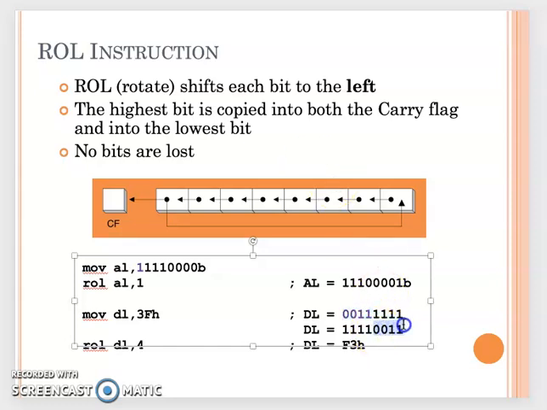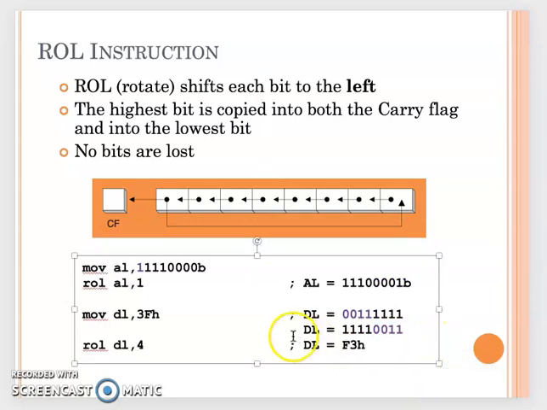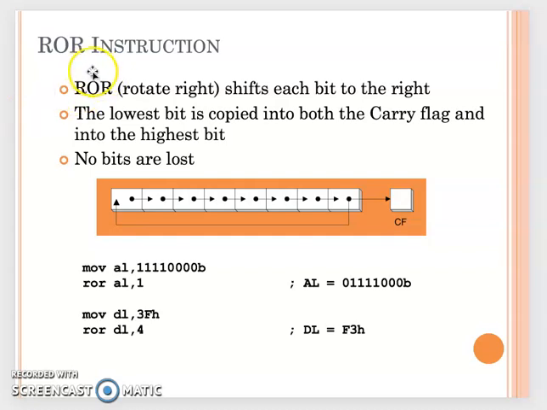So we find out that since rotation has no bit lost, if you rotate by 4 bits, no matter to the left or right, it is just like your hex digits rotating like this. So that's the rotation. You have rotate to the left, and of course you have rotate to the right.